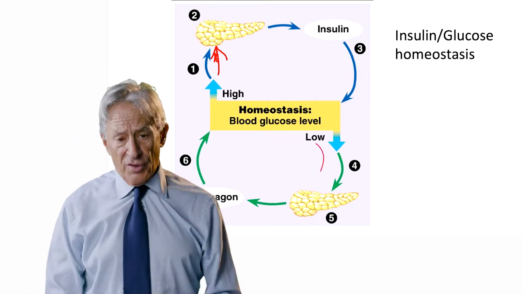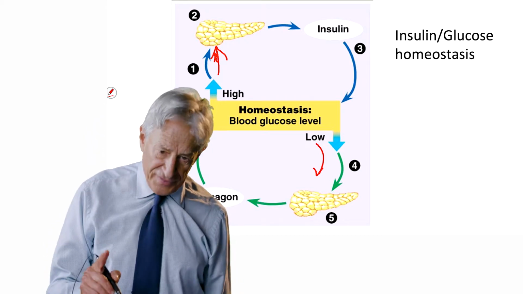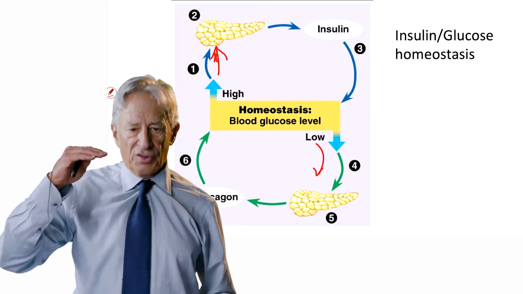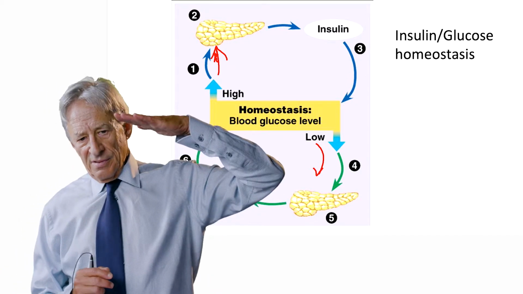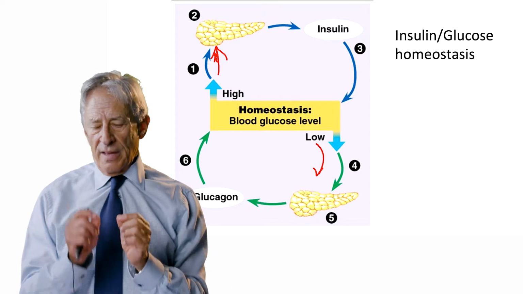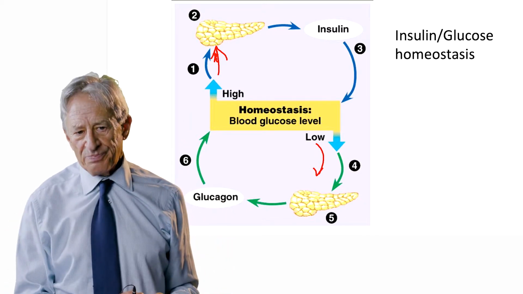Conversely, if your blood glucose gets a little low, then the pancreas secretes a different hormone called glucagon, and that raises glucose levels. So once again, constant insulin glucose levels maintained that way by the mechanism of negative feedback loops.